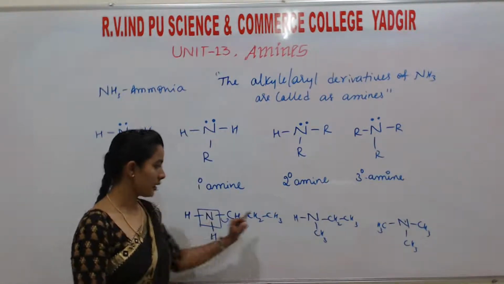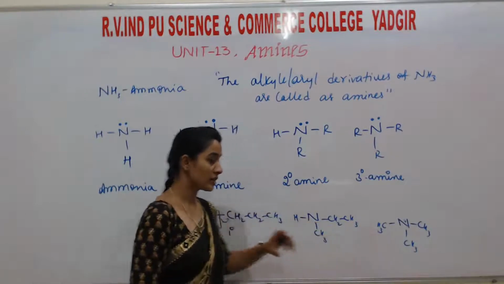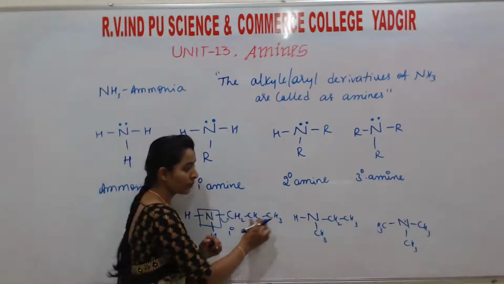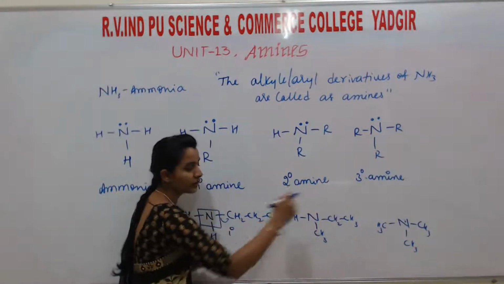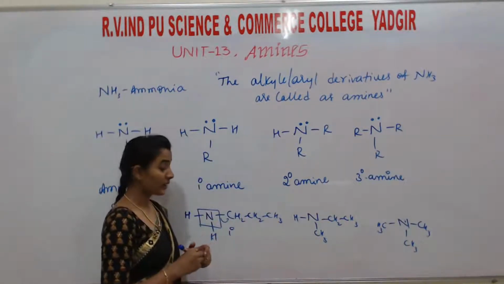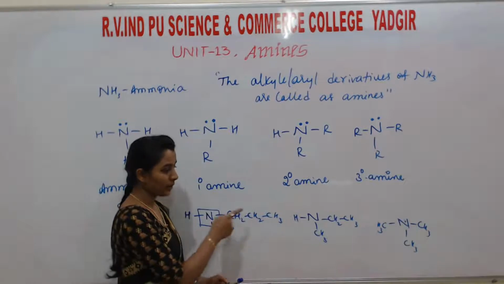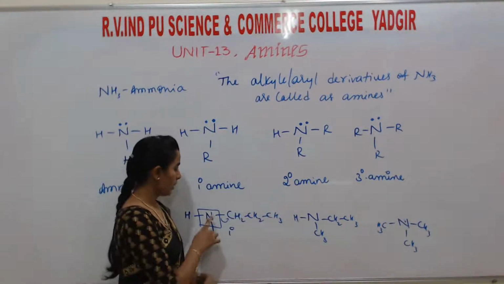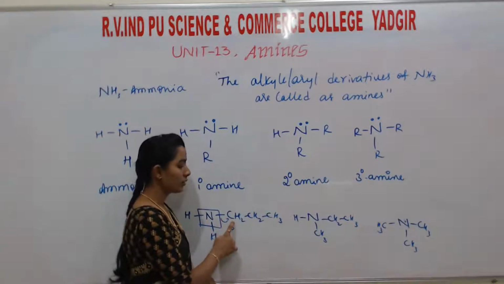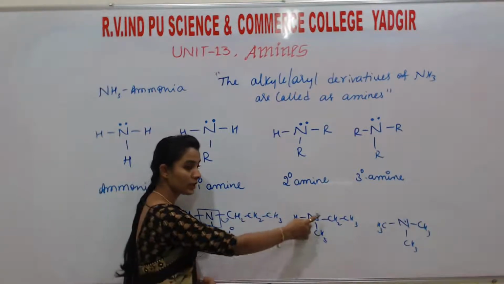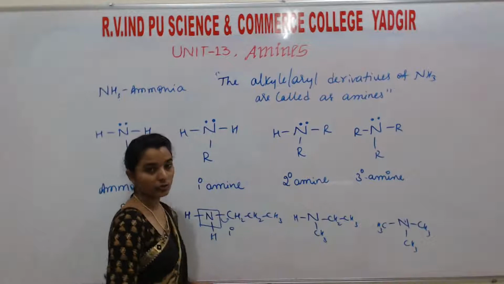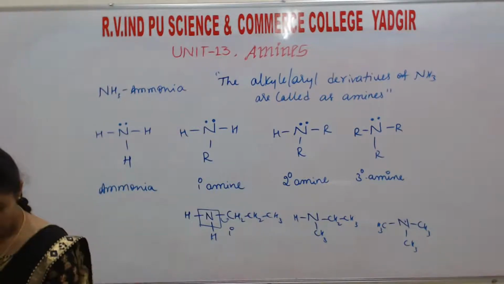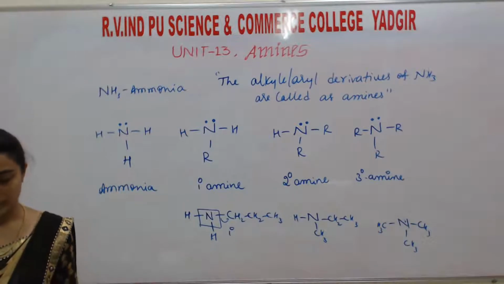So this is primary, this is secondary, this is tertiary. No matter how many carbon atoms are present, here 3 carbons are present, here also 3, there also 3. But here it is a primary amine, here secondary, and the third is tertiary. Reason: here nitrogen is directly bonded to one carbon, here to 2 carbons, there to 3 carbons. So this is the classification of amines.